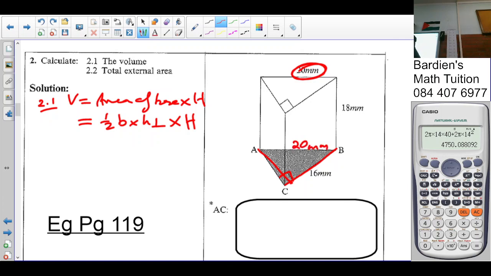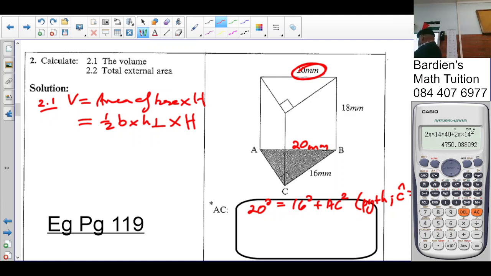Okay? So what am I missing? I'm missing AC. Since it's a right angle triangle, I can apply the theorem of Pythagoras. So hypotenuse squared, which is 20 squared, is equal to 16 squared plus AC squared. The reason: Pythagoras with angle C equals 90 degrees.